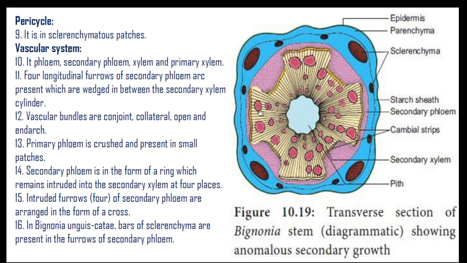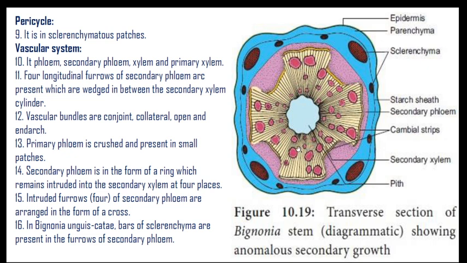So these are the four furrows, ridges which are present at four different corners. Then vascular bundles are conjoint, collateral, open and endarch. Primary phloem is crushed and present in small patches.